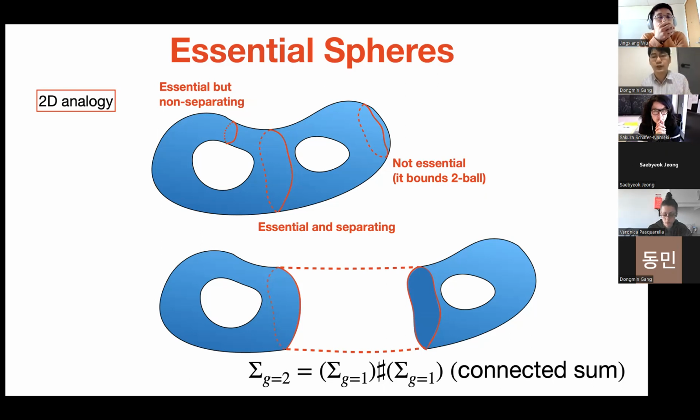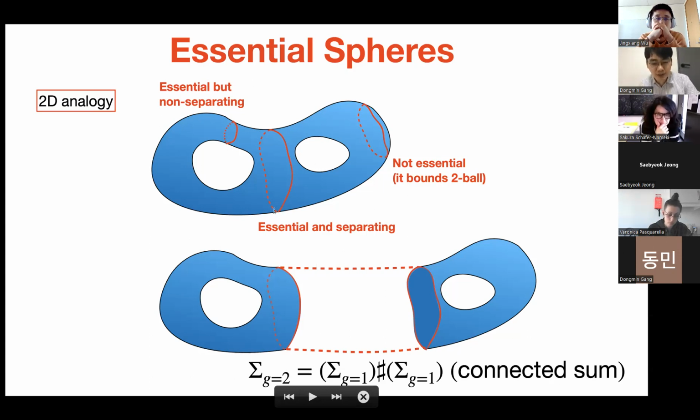It is the more relevant criterion to determine the IR phase, it turns out. Let me explain what an essential sphere is, and what separating and non-separating mean. In the 2D analogy, this is the essential sphere I told you about, and this is not essential. Essential spheres can also be divided into two classes: non-separating essential spheres, and separating essential spheres.